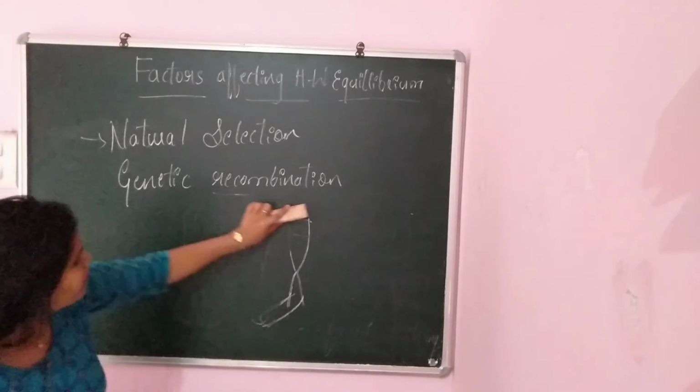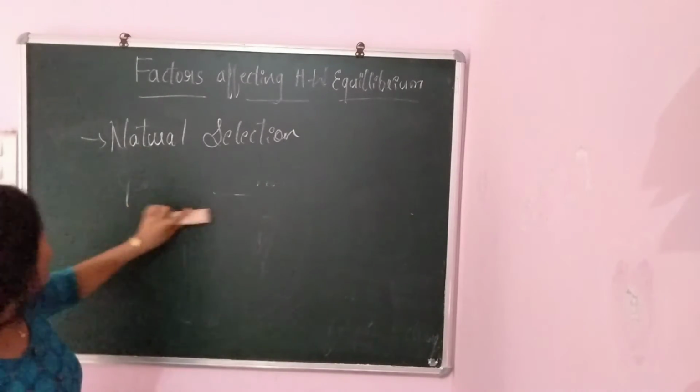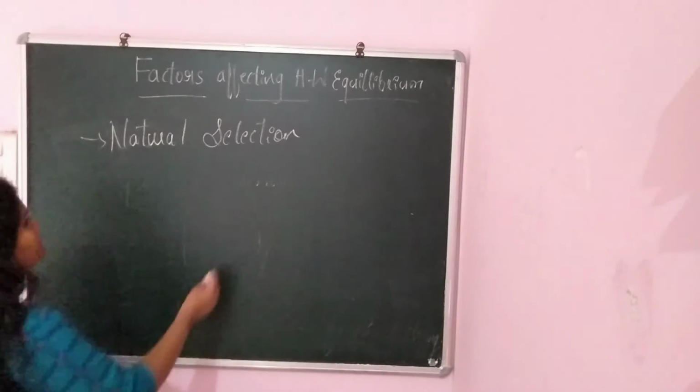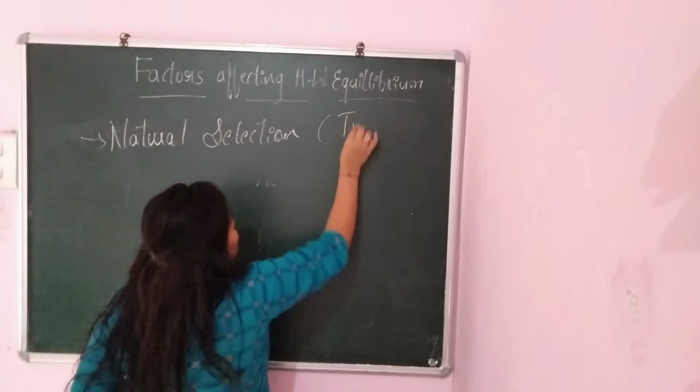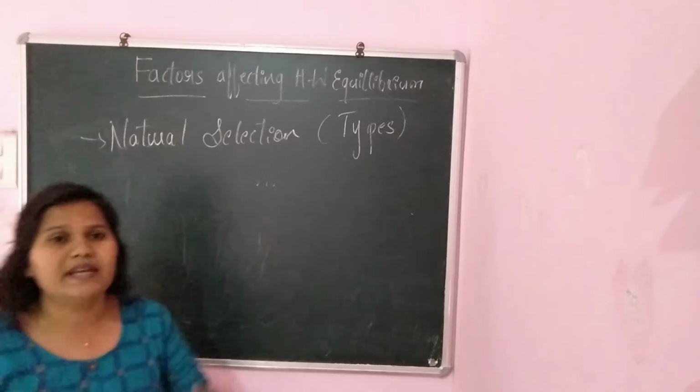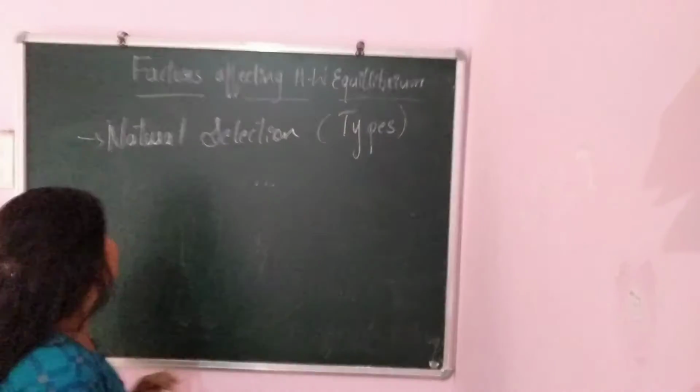So we'll go on with the types of natural selection. There are mainly three types of natural selection.